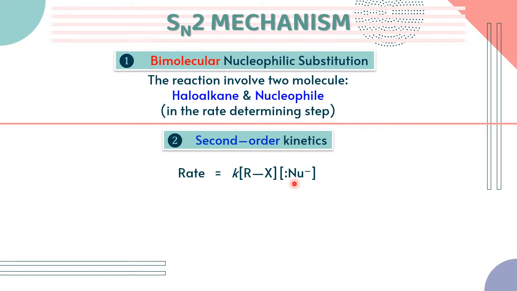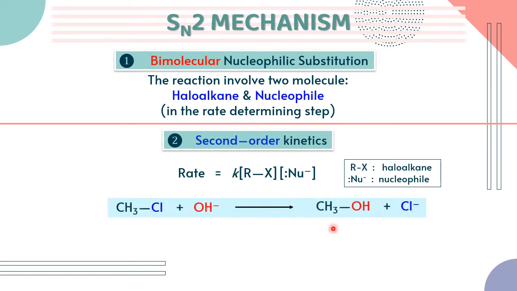In other words, these two species, our haloalkane and our nucleophile, will affect the rate of reaction. Here RX is our haloalkane and Nu is our nucleophile. It is either a strong nucleophile or a weak nucleophile. It doesn't matter. For example, I have a reaction CH3Cl plus OH minus. The hydroxide ion is a negative ion over here, so you will have a strong nucleophile.